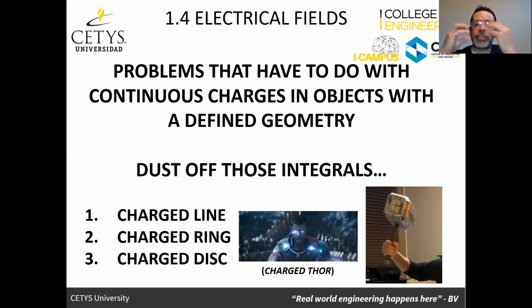But we don't care about its geometry. We don't care about anything. It's just a point in space that has no dimensions, that has an electrical charge. And so we're only interested in the charge. And for that situation where we have a point in space that doesn't have geometry or dimensions, we know that the electrical fields are going to radiate outwards, or point inwards, depending on if it's positive or negative.